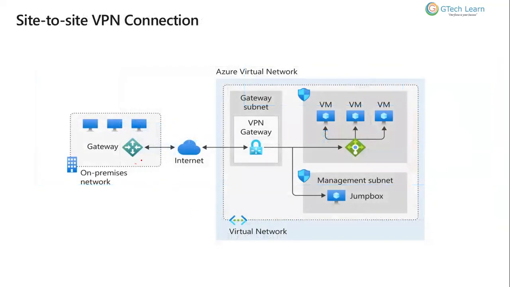By utilizing that local network gateway, we create and deploy one VPN gateway along with the gateway subnet on the Azure side, and then we can maintain the site-to-site VPN connectivity. That is one way we can deploy the site-to-site VPN.